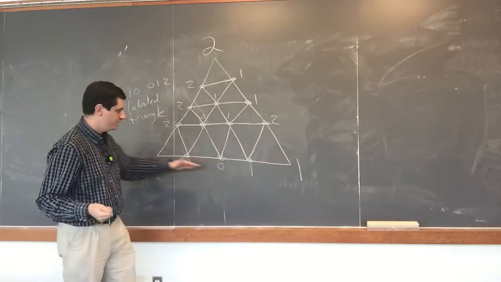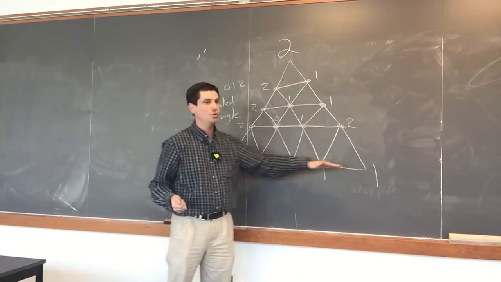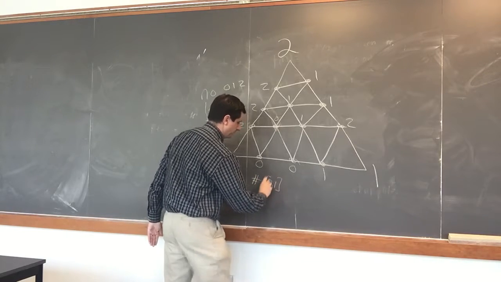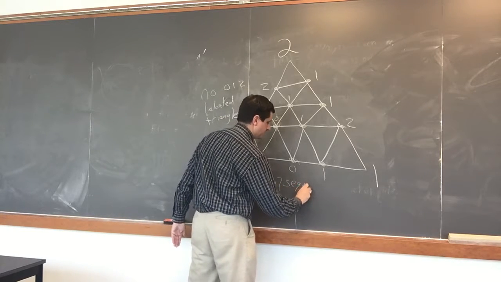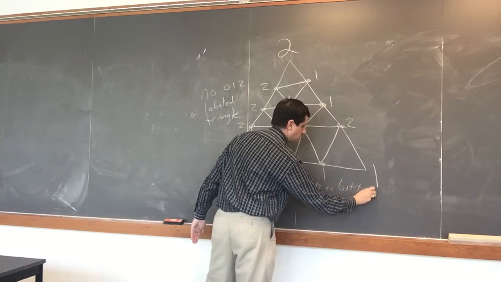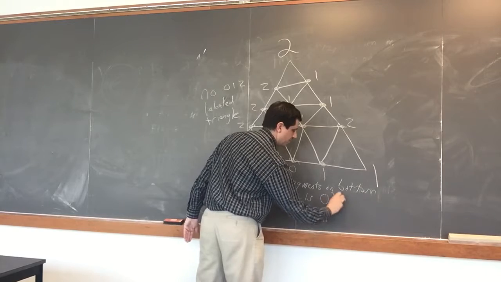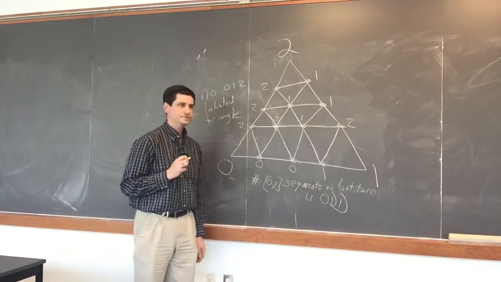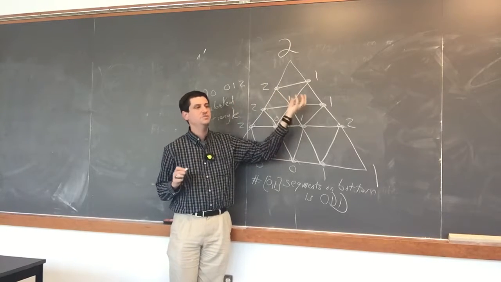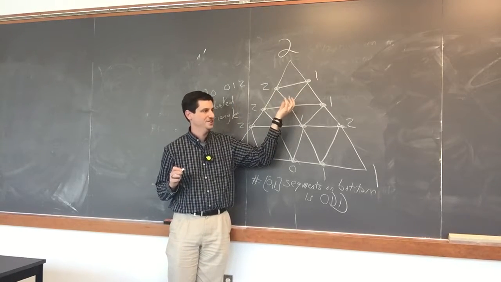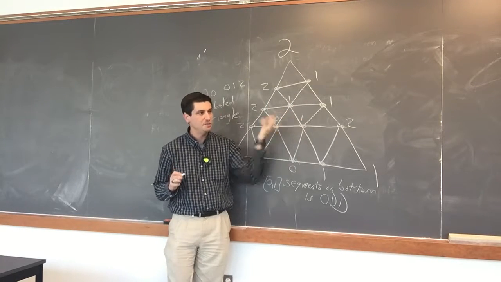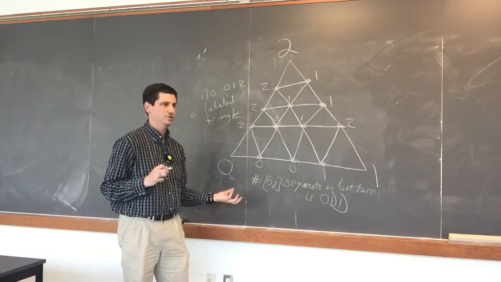We know the number of 0, 1 segments on this lower boundary, on the bottom, is odd. The idea is we want to somehow get the number of 0, 1, 2 triangles is odd. Because if there's an odd number of 0, 1, 2 triangles, then there must be a 0, 1, 2 triangle.